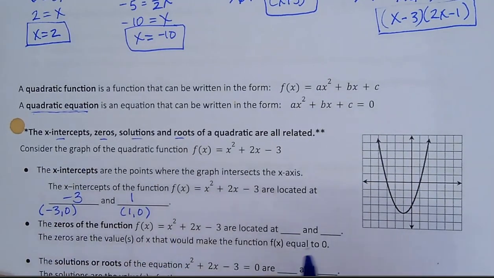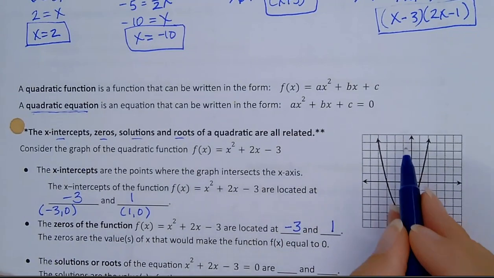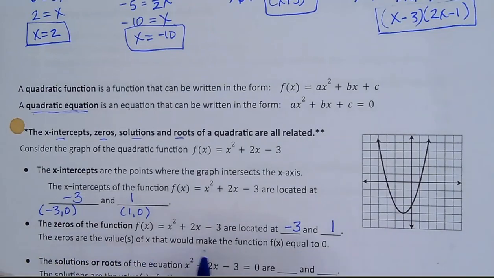The zeros of the function are located at, surprisingly, negative 3 and 1. If my y value is 0, these are the two x values that I can have. Okay, so the zeros are the values of x that would make the whole function f of x equal to 0.